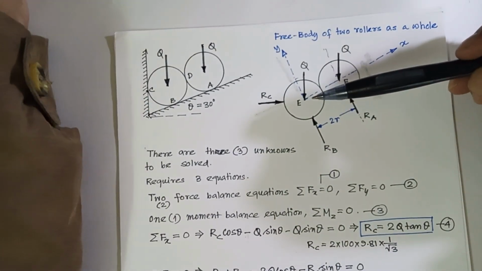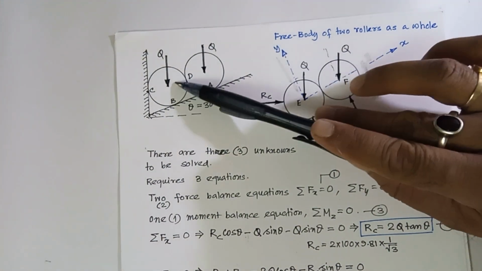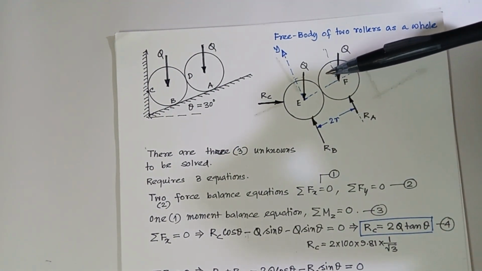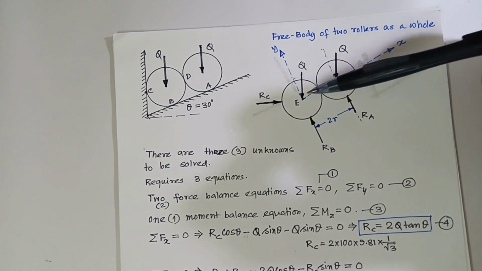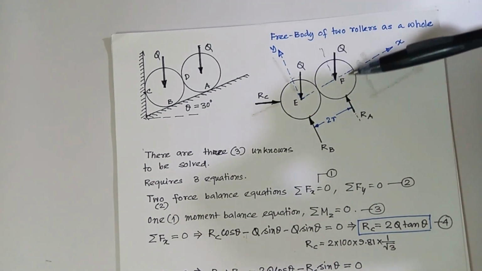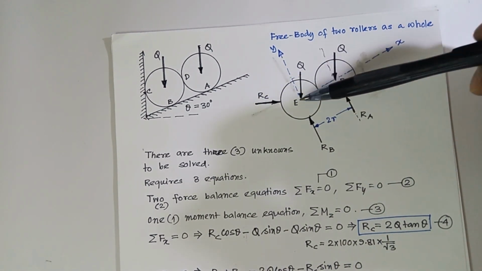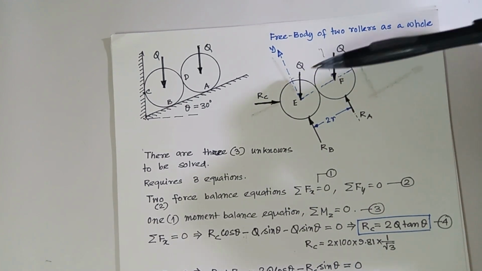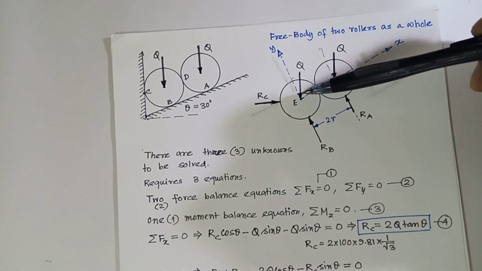Now one thing we have to keep in mind while drawing the free body diagram: while applying the conditions of statics, if both the rollers are static, then we can either decouple them, analyze them individually, and apply the condition of statics for individual rollers, or we can combine them and write the equilibrium equation for the system as a whole.